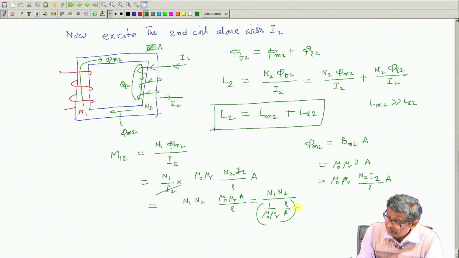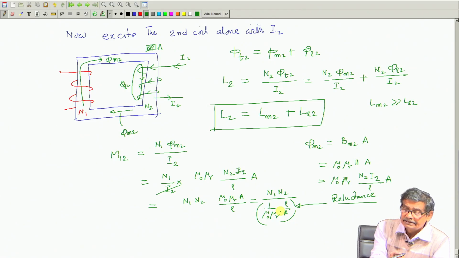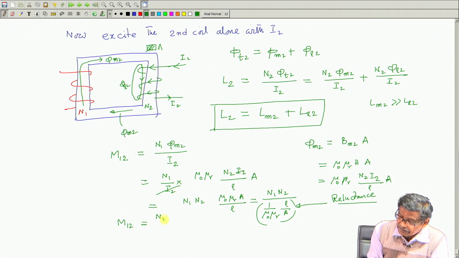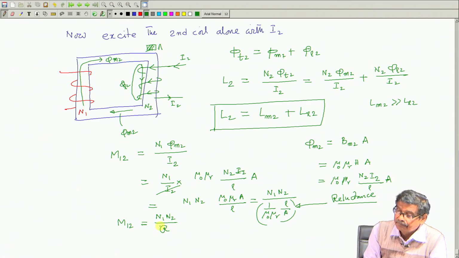This term is the reluctance. Reluctance is the same for the mutual flux, either you excite this side or that side. Therefore, M 1 2 will also be N 1 N 2 divided by reluctance.